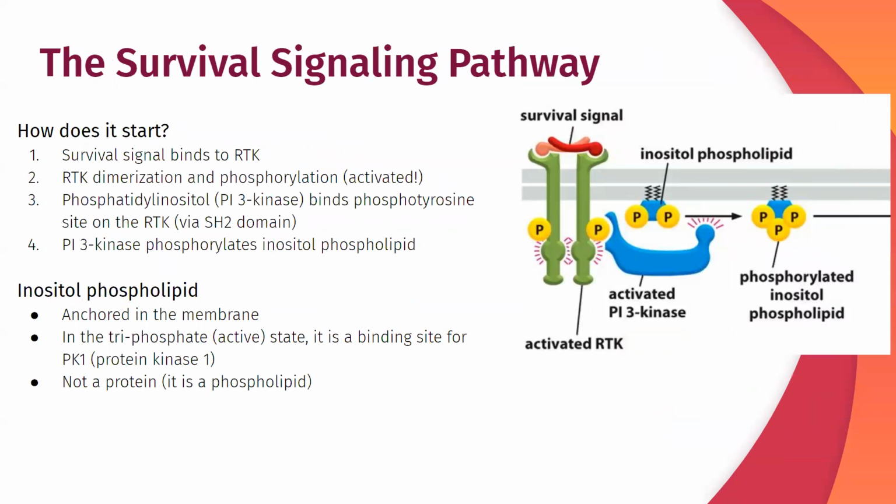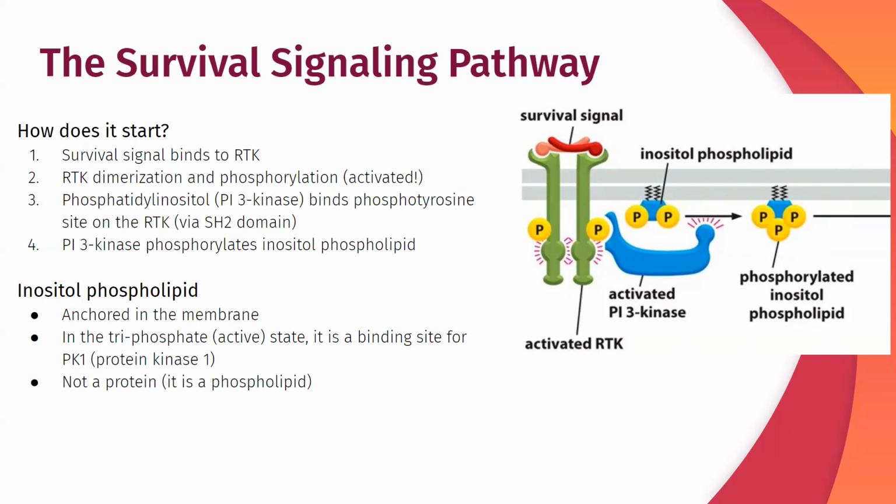You'll get the survival signaling molecule to bind to a receptor. These receptors are RTKs, and they will cross-phosphorylate. Once they are both active post cross-phosphorylation, an activated PI3 kinase will bind.